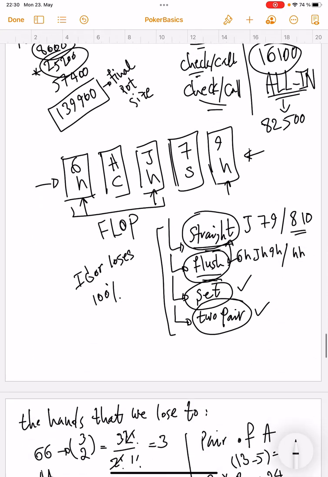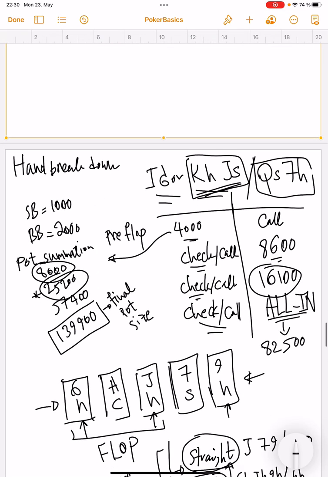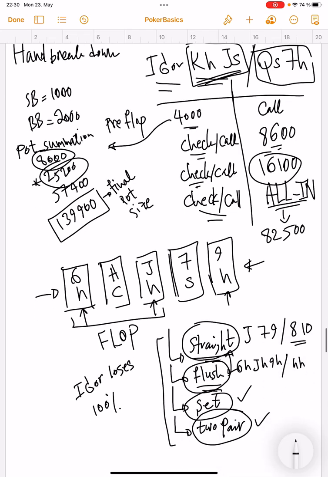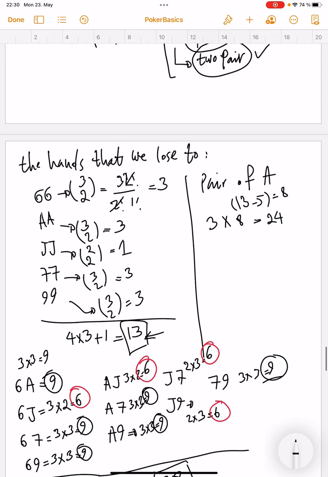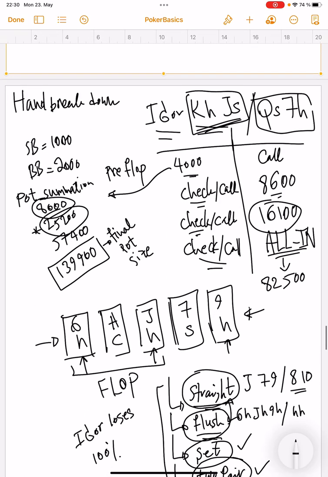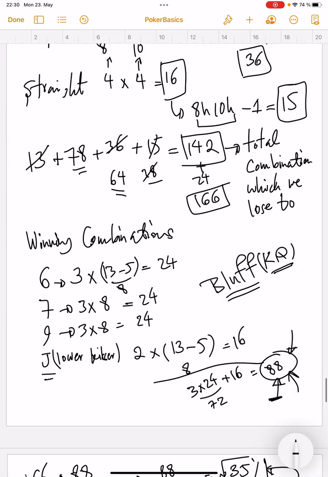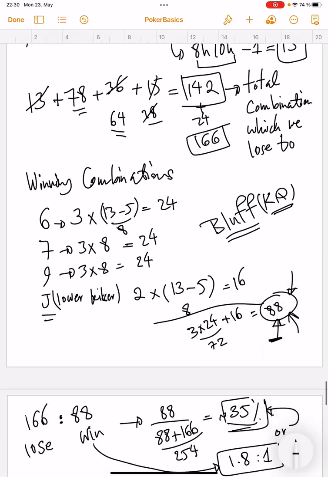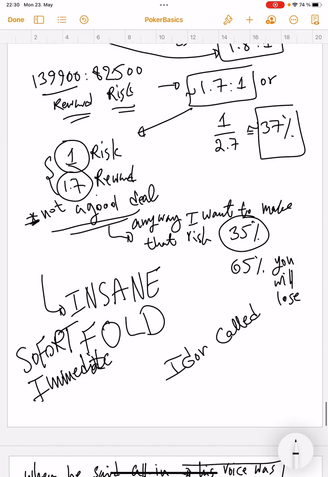And then we had a hand breakdown of an old game, between Igor Korganov and his opponent, whose name I don't remember. He wasn't a famous poker player, I guess. But as we went through the combinations that we are losing to, we mathematically tried to calculate them, and I'm not even sure this is completely true.